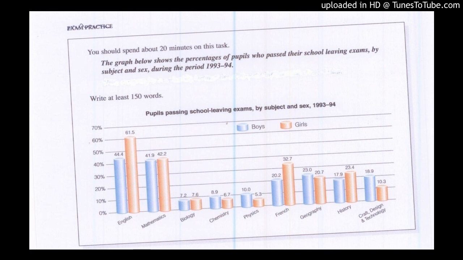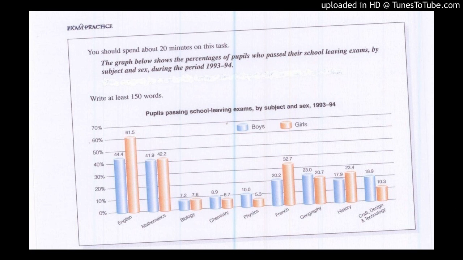Next sentence. The bar chart shows us, however, that on the contrary, the percentages are quite the same for both sexes in mathematics at around 42%.